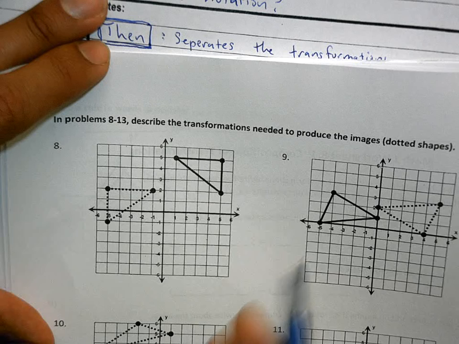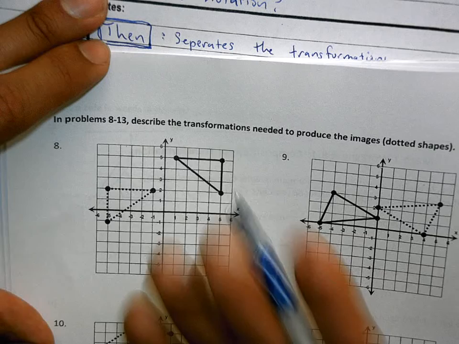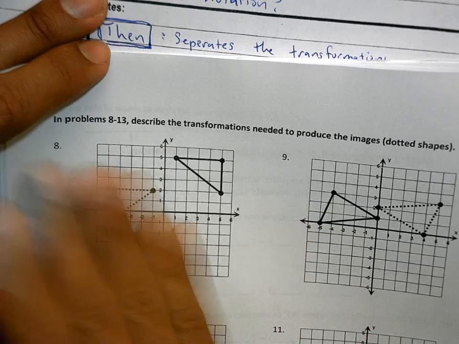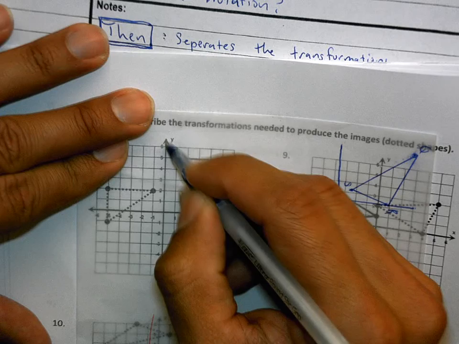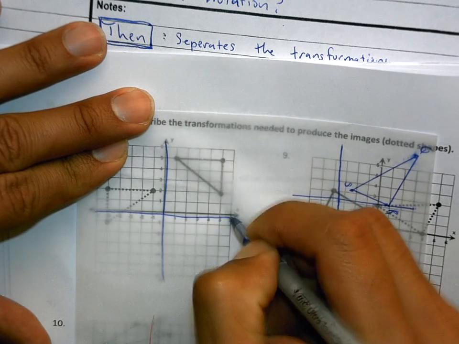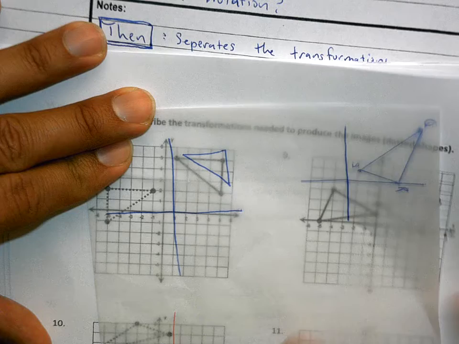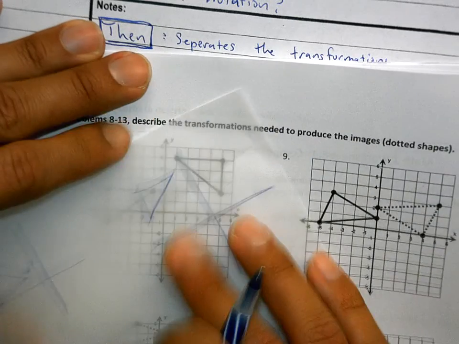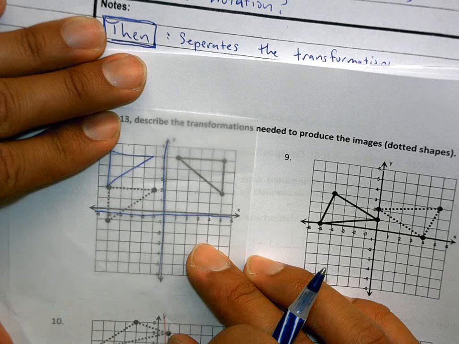Some of you might think it's a rotation. If it does, your patty paper will be able to prove it. Sometimes you're going to have to reflect something. Let me kind of show you what I'm talking about. Here's my object. Sometimes you're going to have to reflect it over something. Did I reflect it over the y-axis?